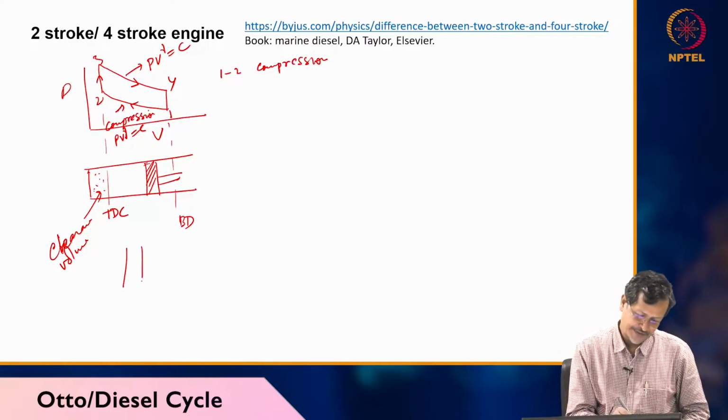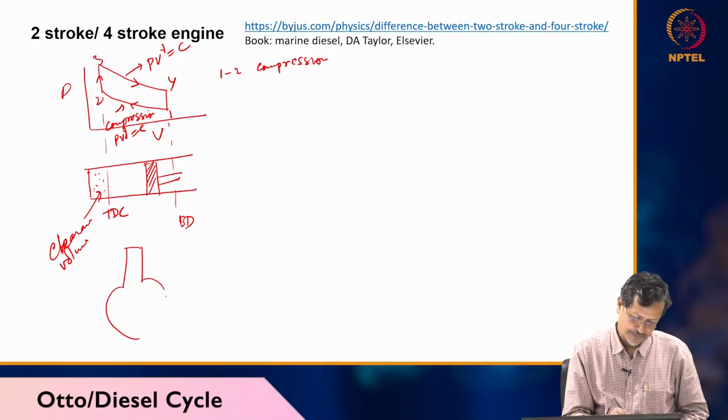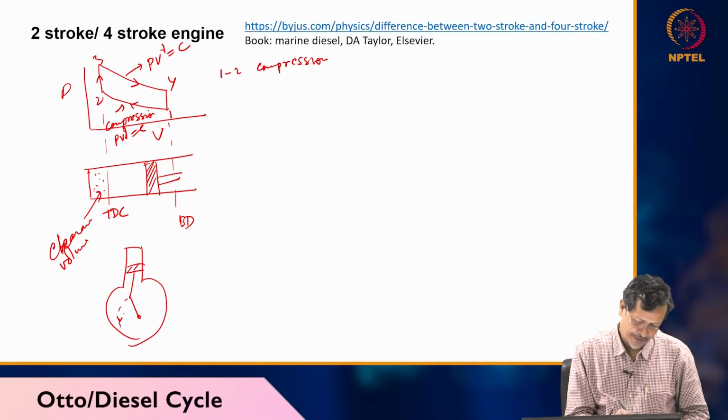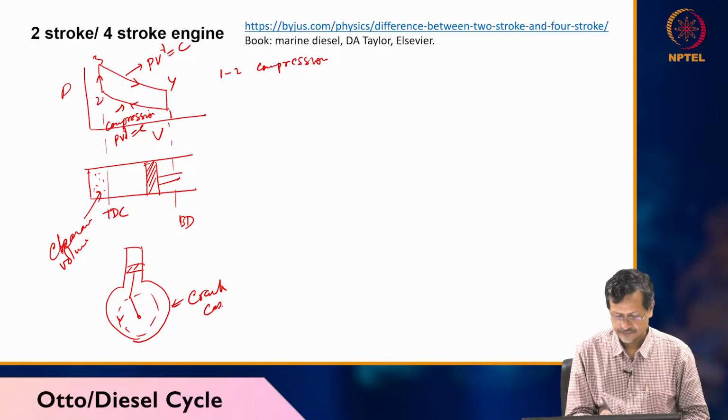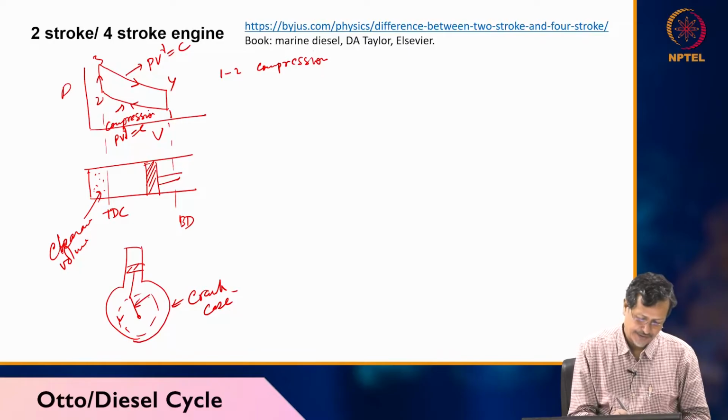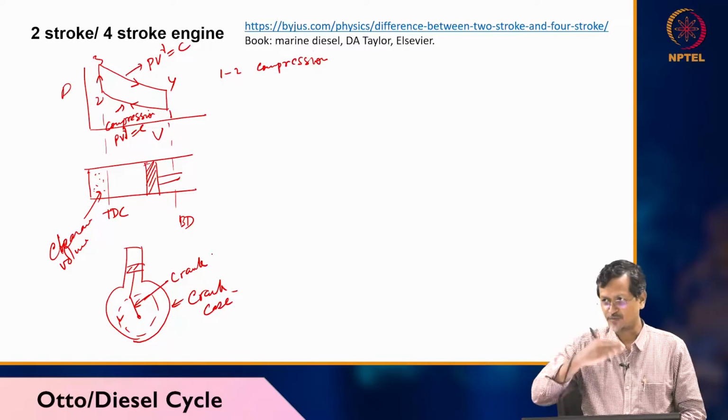Now, what is two-stroke, what is four-stroke? If you see this crank drawing we have done already: crankcase, connecting rod, crank, and this will be rotating in a circular fashion. This one I call the crankcase. Okay, this is your crank, it is rotating, so the piston will be moving up and down.